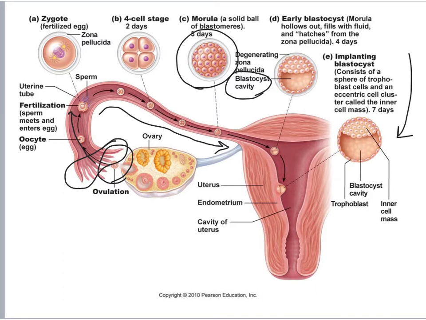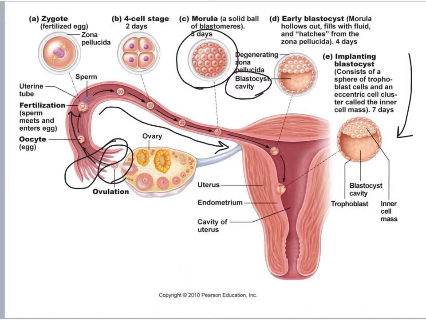Then about 6 to 7 days after ovulation, finally implantation begins. And there's a lot of things that have to have happened to the lining of the uterus that we talked about last time, right? That are primarily prompted by surging levels of estrogen and progesterone made in the ovaries by those granulosa cells.